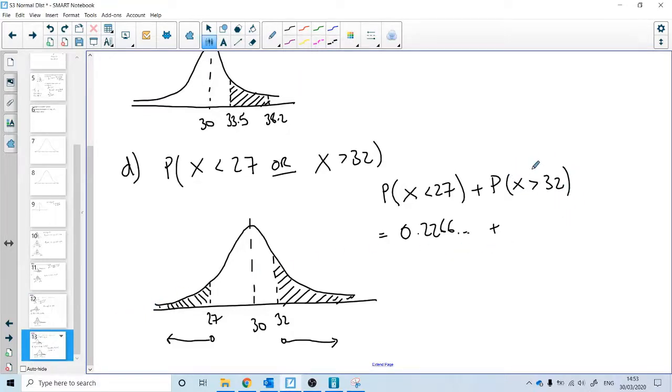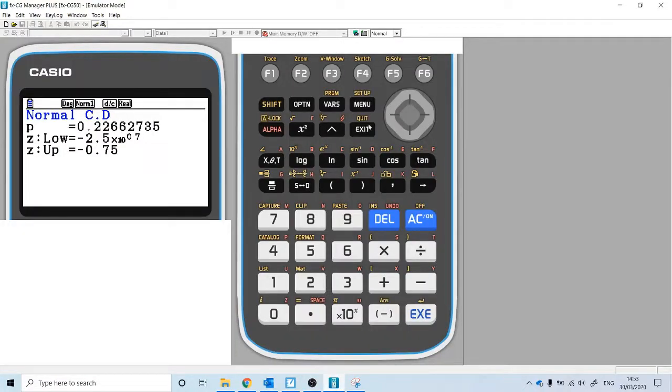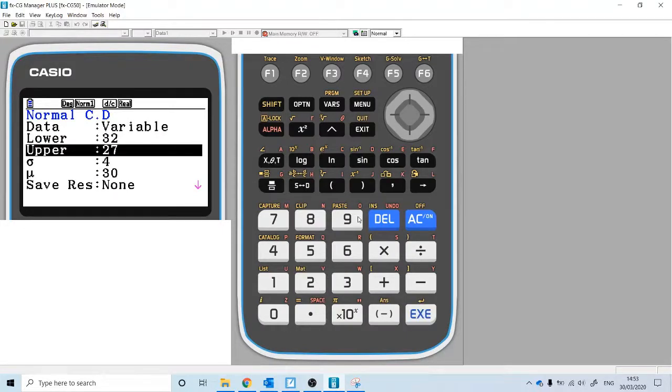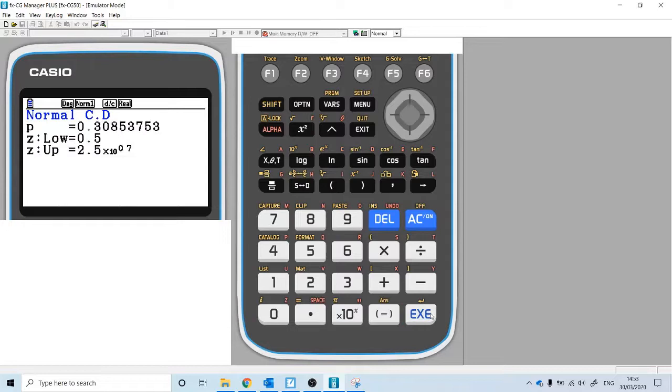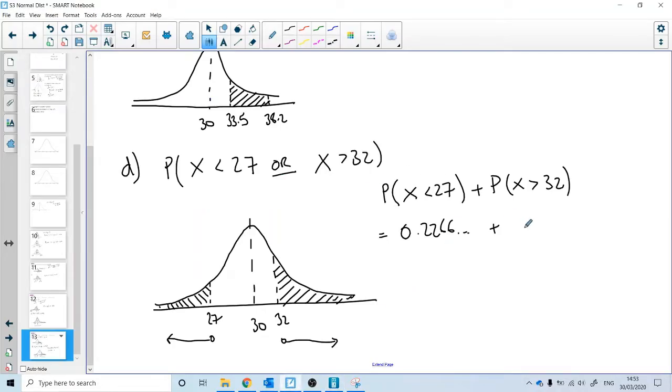And similarly here, x being greater than 32, this time we're going to put our lower as 32 and our upper as a really, really big number. So we get 0.3085. And then we just need to add them together, and we get 0.5351. And let's round that to 3 sig fig, so 0.535.